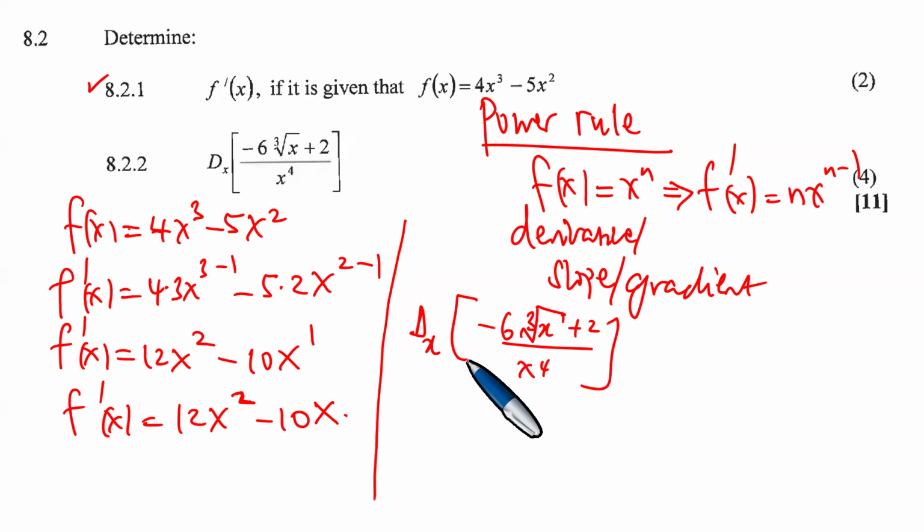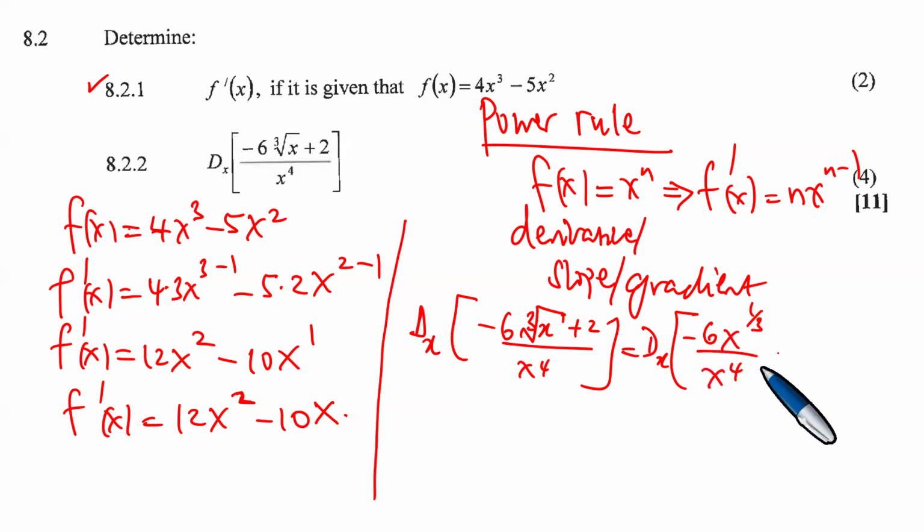So we have the following: 1/3 divided by x to the fourth power plus 2 over x to the fourth power. So what we're then getting is the following.